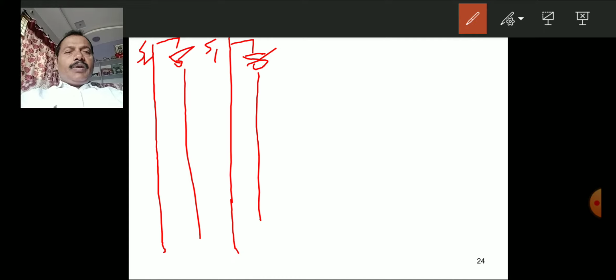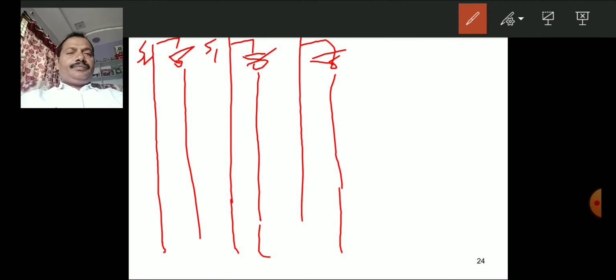This is S1 bar line. This is S0 line. S0. S0 bar line, like this. So all are available.